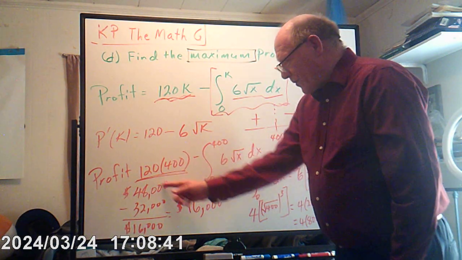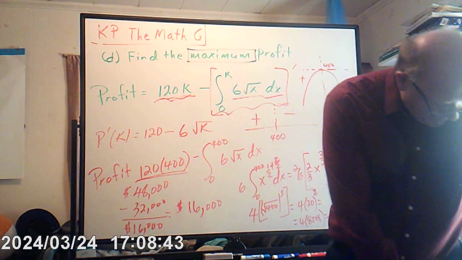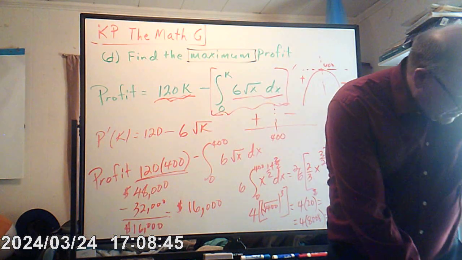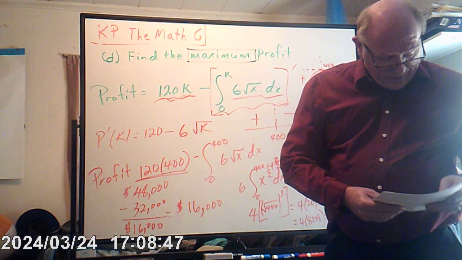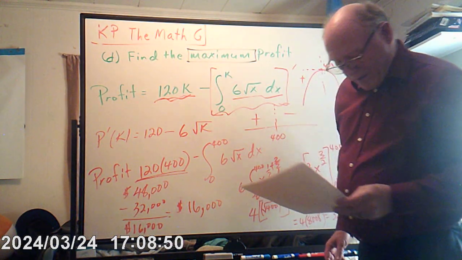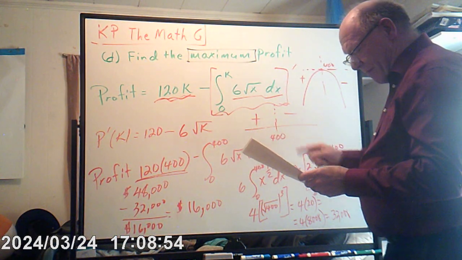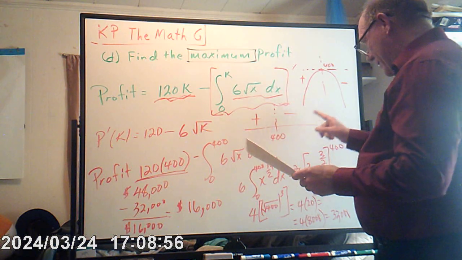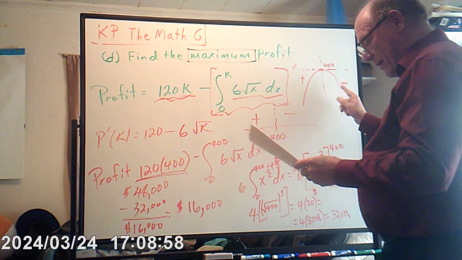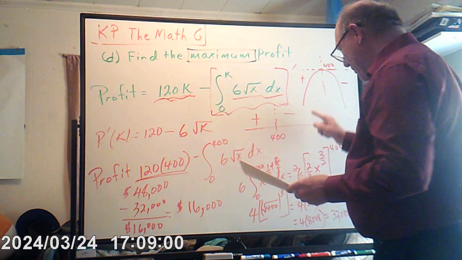Our max is 400. And if I look at the answers here, it says this is the only critical point for P. P prime changes from positive to negative. Maybe you might need to emphasize that at K equals 400.